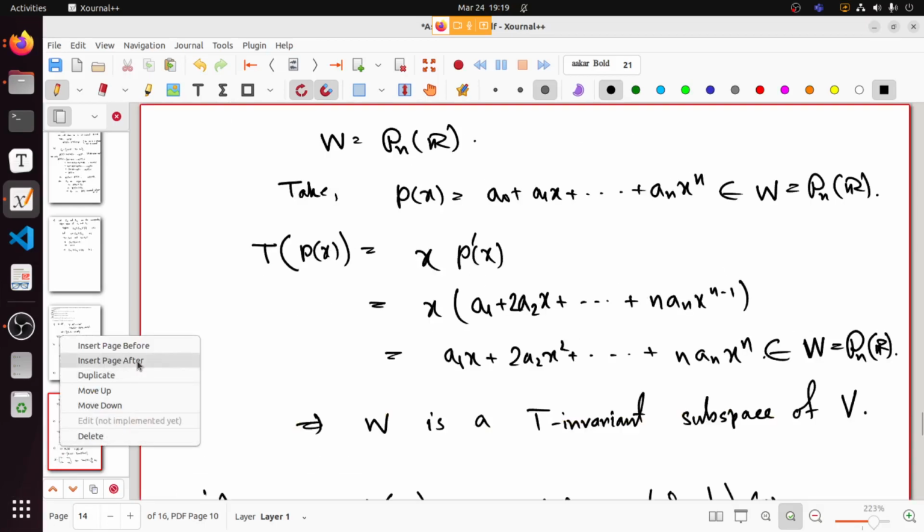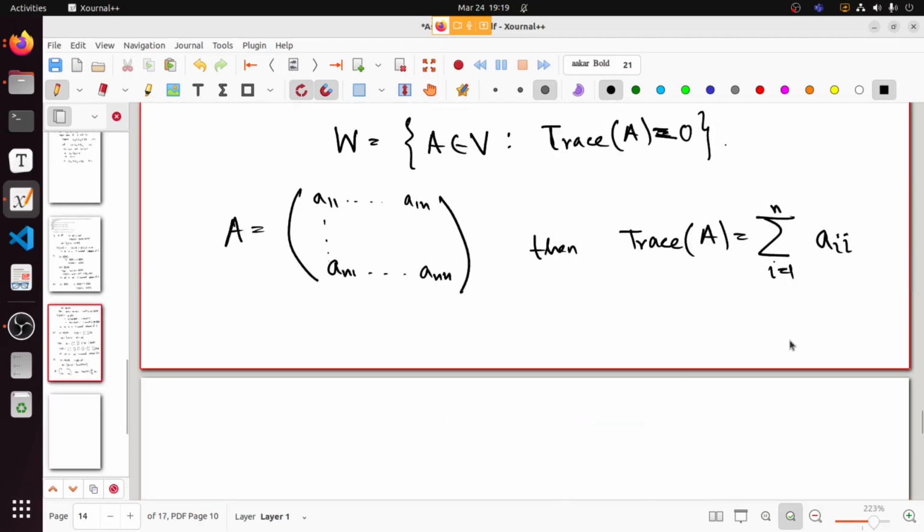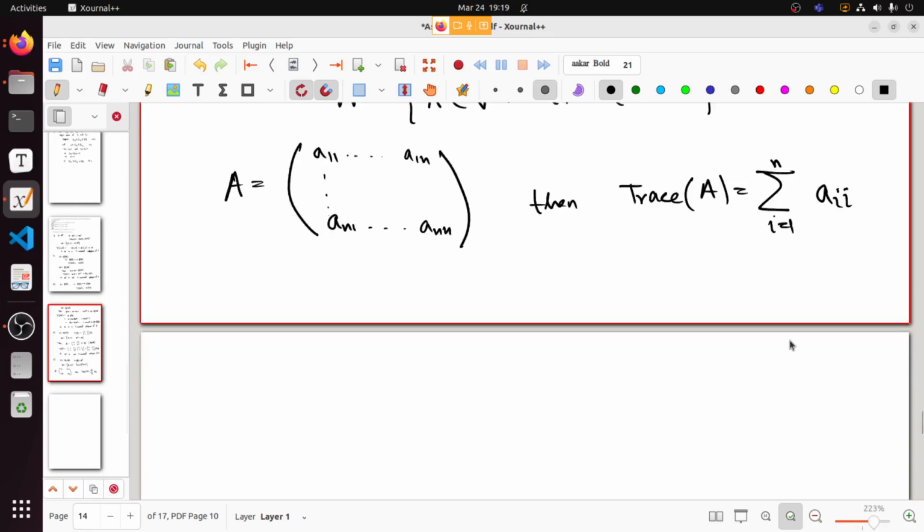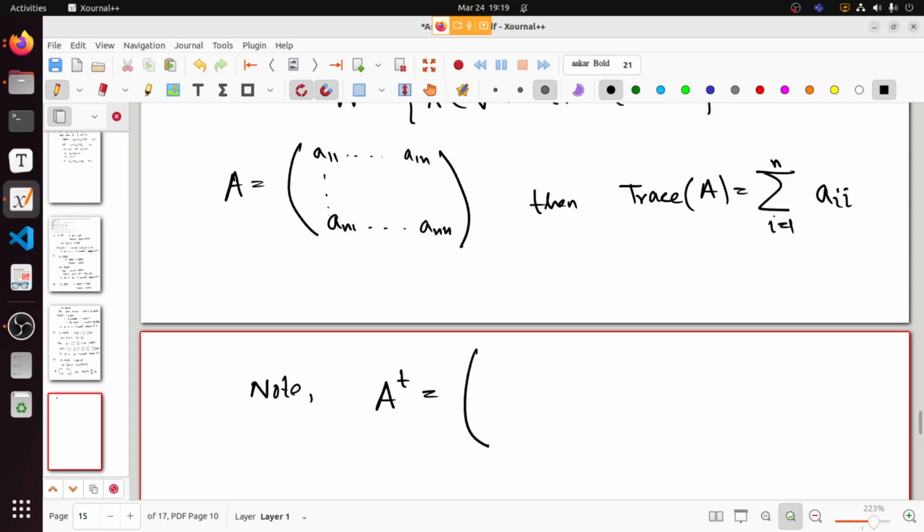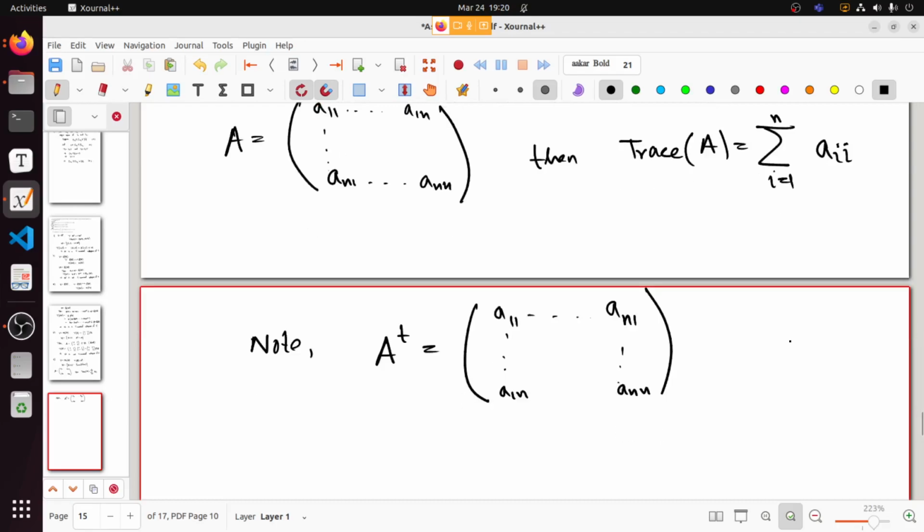Now if you transpose this, then the diagonal entries remain the same, right? A transpose will be, so rows you have to write as columns: a11 dot dot dot an1 up to a1n dot dot dot ann, but the diagonal entries will not change.